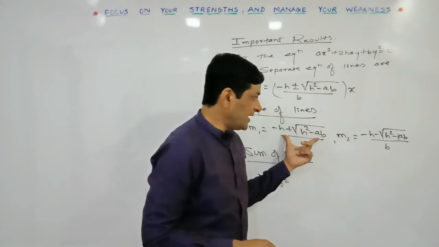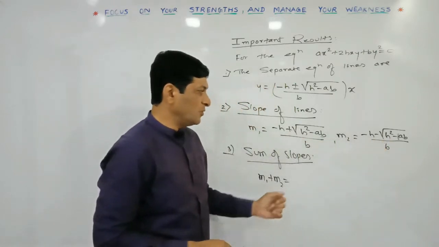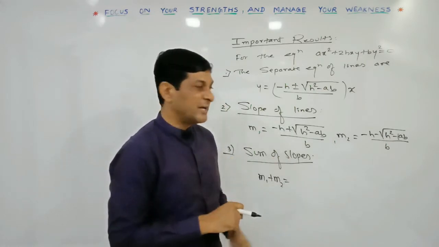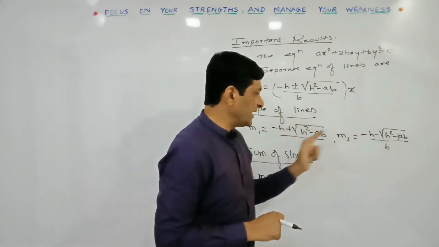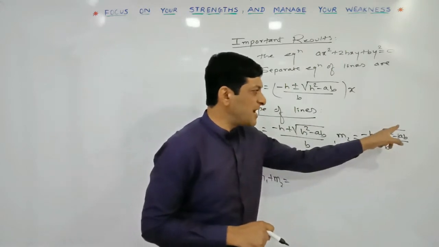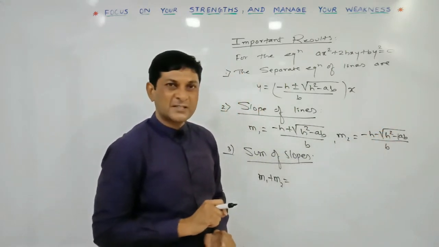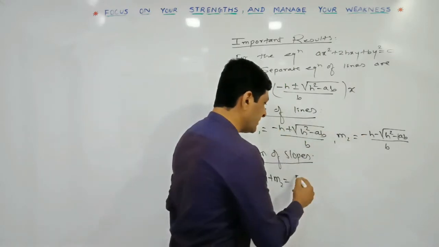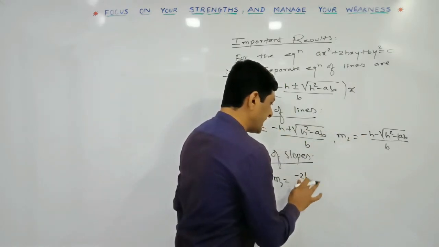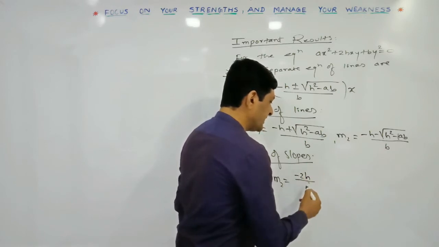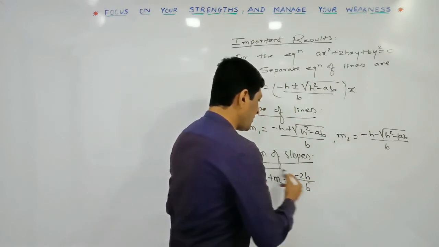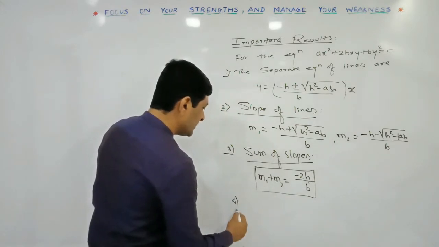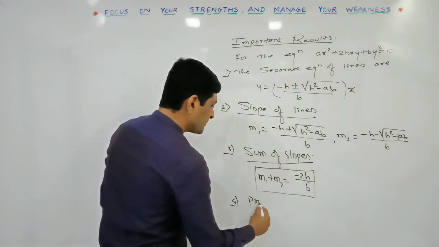If we are taking the addition of m1 and m2, the denominators are the same, so take the addition of the numerators. Plus under root h square minus ab and minus under root h square minus ab will get cancelled. Then what will we get? Minus h minus h will become minus 2h, and in the denominator we get b. In this way we have got a formula to find the sum of slopes. Now let us see what we'll get if we find the product of slopes.